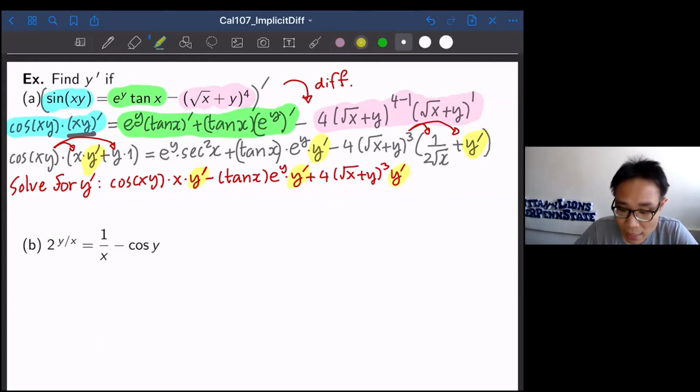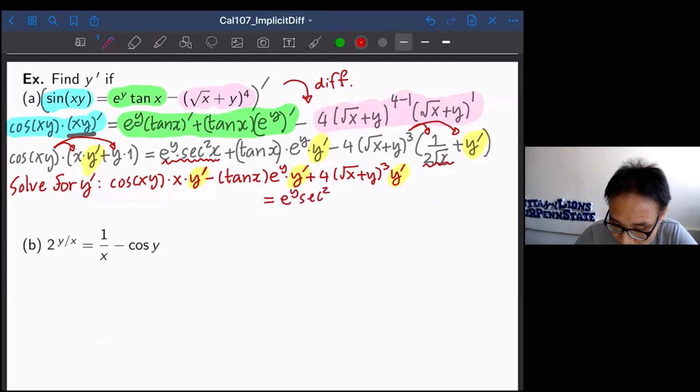So this one, you gather them on the same side, and you're gonna move the rest of the terms to the other side. For the other side, this one is gonna have an equal sign, right? And you see that this term will be on the right side, and this term will be on the right side. Let's write them down first. e to the y sec square x. Okay, it's on the right side.